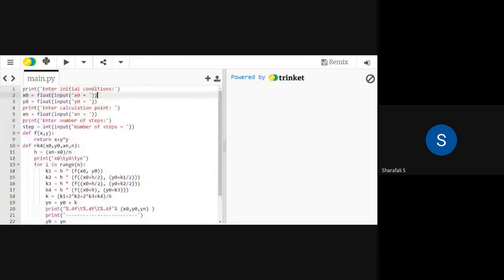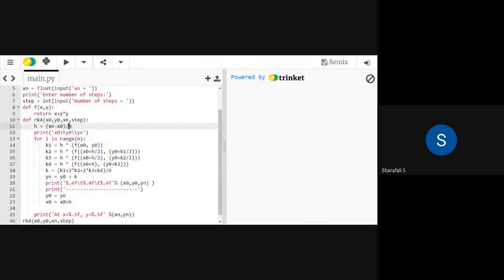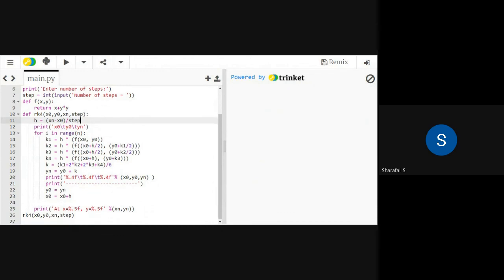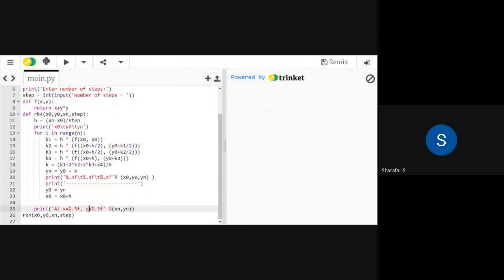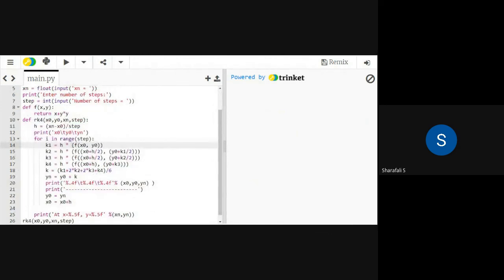Here I will replace this with step, or you can keep it as n, no problem. Here also I have given step. Now you can see I have included all those equations.